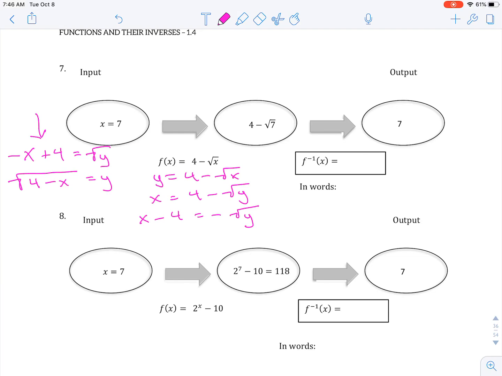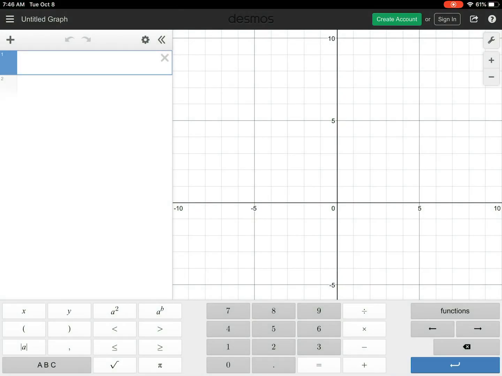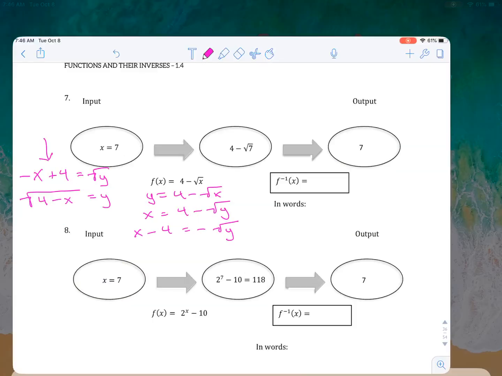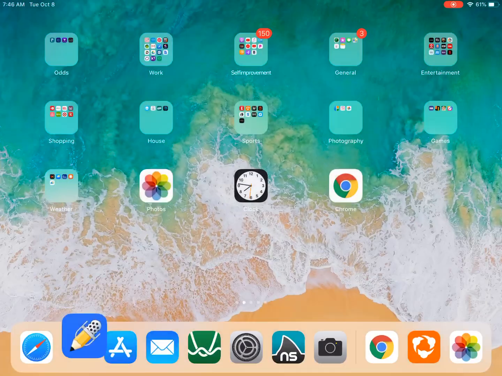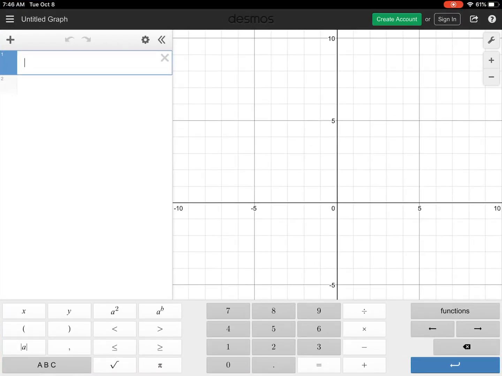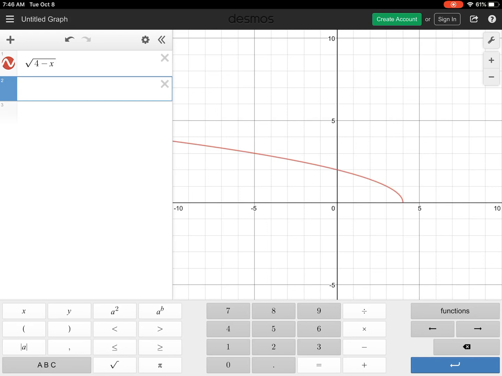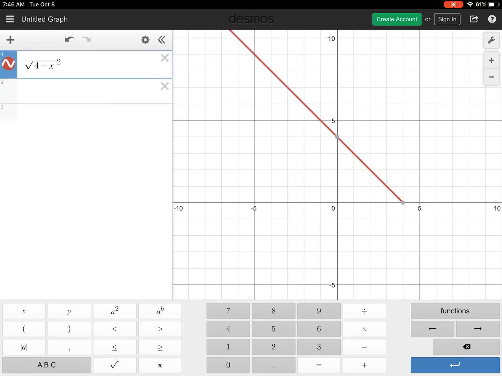So really quick, I want to plug these into Desmos just to talk about what happens. So I'm going to have the square root of 4 take away x, okay. There's our graph. And then we're going to, 4 minus x squared, excuse me.